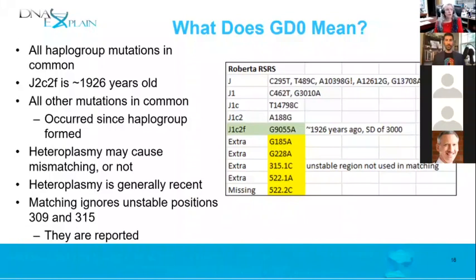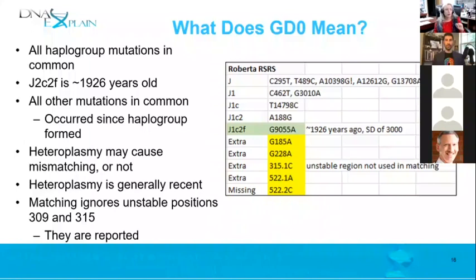In other words, for me, and I'm showing you my sequence here at the right, the haplogroup defining sequence for J1C2F, and I'm only showing from J to J1C2F. Remember, J is a subset of an earlier haplogroup, and so there's a lot of accumulated mutations between mitochondrial Eve and J, and I'm not showing you all those in this.